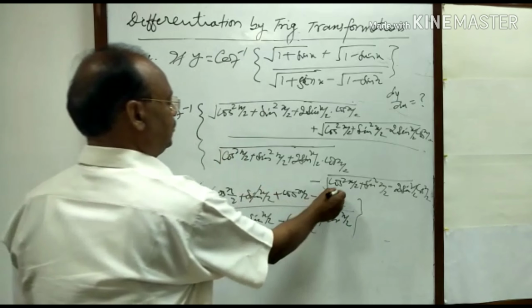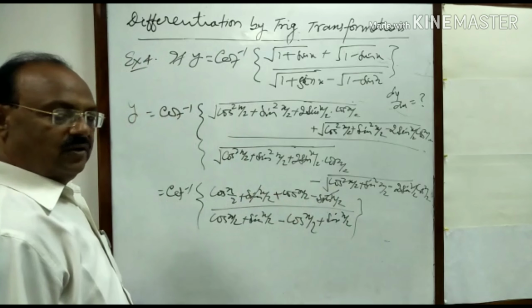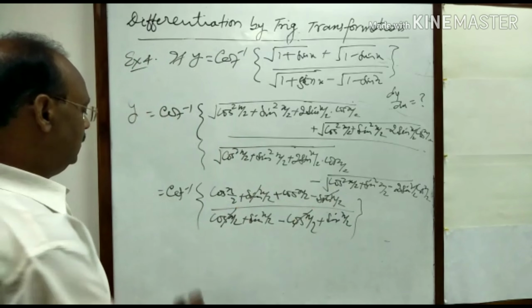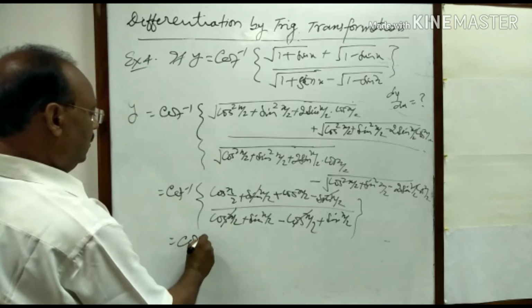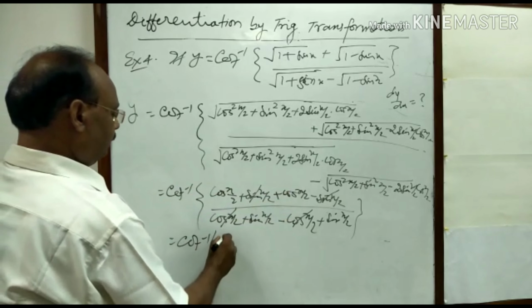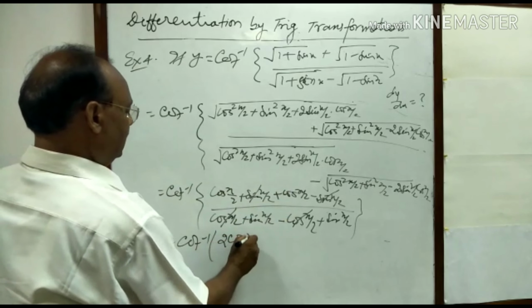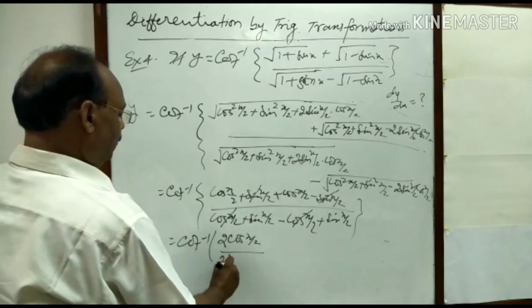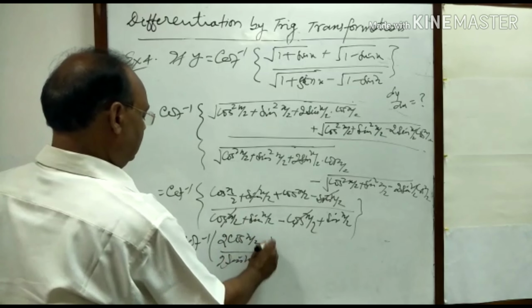This plus sin x by 2 minus sin x by 2 will be cancelled out. Similarly here cos x by 2 minus cos x by 2 will be cancelled out. So this is equal to cot inverse of, in the numerator you are getting 2 cos x by 2, and in the denominator we are getting 2 sin x by 2.